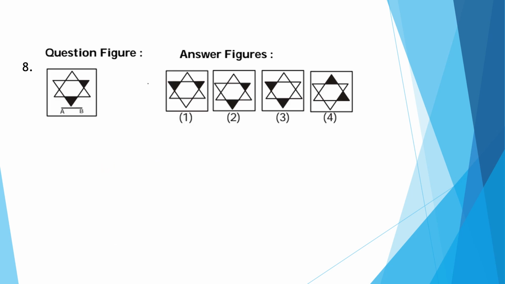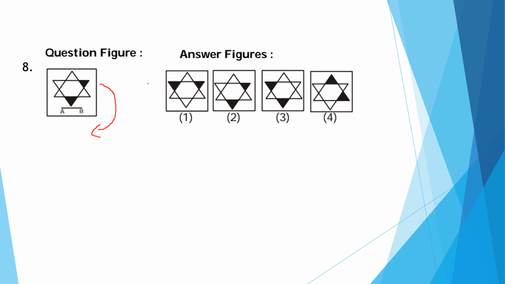Next, in the star, two are shaded. Find out the mirror image, where the mirror is placed down at A and B. The mirror image comes like this, so up and down changed.